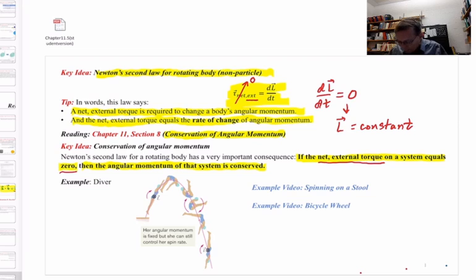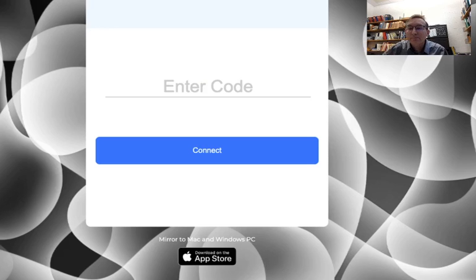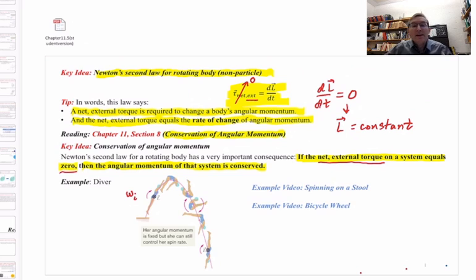The diver pushes off the platform. In so doing, gives herself a slight angular velocity. Let's call it omega initial. Okay, a certain small initial angular velocity, I'll denote omega initial, which the picture shows is clockwise.